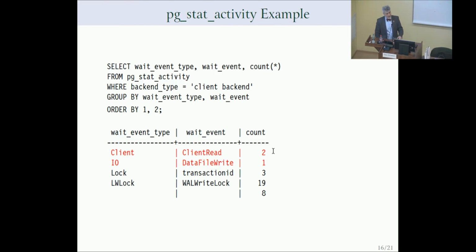One of the things I'm proud of is that the wait event API is very easy to use. It's always enabled. There's no overhead. There's no slowdown. So anytime you want to look at wait events, you just look at them. That was one of the major design goals of Postgres, that these wait events would be enabled by default and always available.